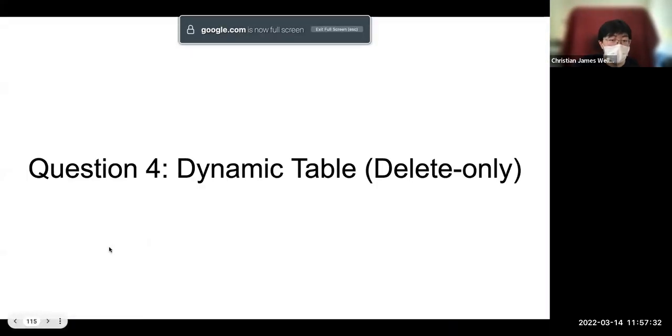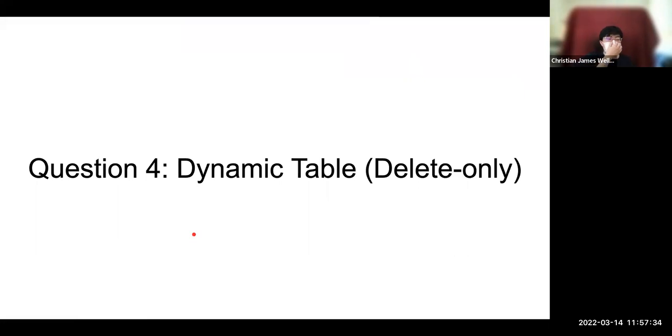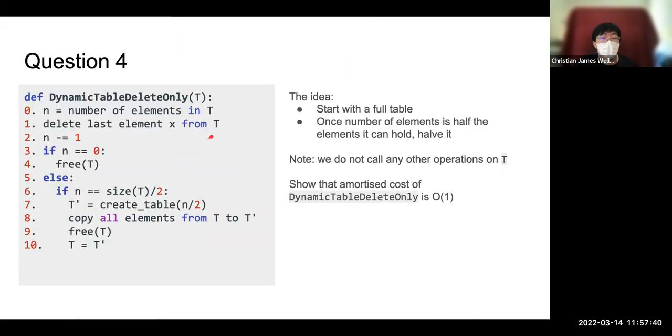Okay, question 4. Dynamic table. The dynamic table in this example is a delete-only operation. The idea here is that we start with a full table, and once the number of elements is half the elements it can hold, we try to halve the table.